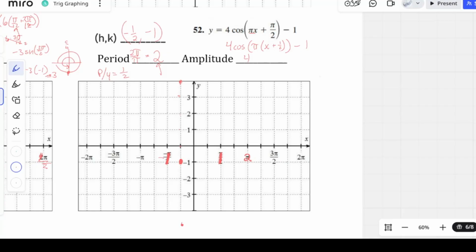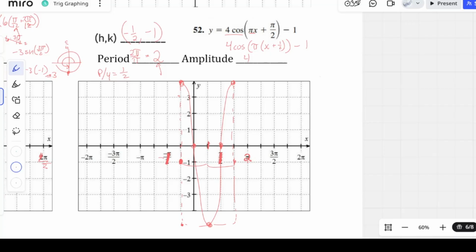So I'm not going to go all the way to 2, remember, because I'm starting at 1/2. Let me count carefully. 1 and 2. This will be the end of my period. I'll draw my box. And halves and quarters. So I've got a positive cosine, starts high, goes middle, low, middle, high.